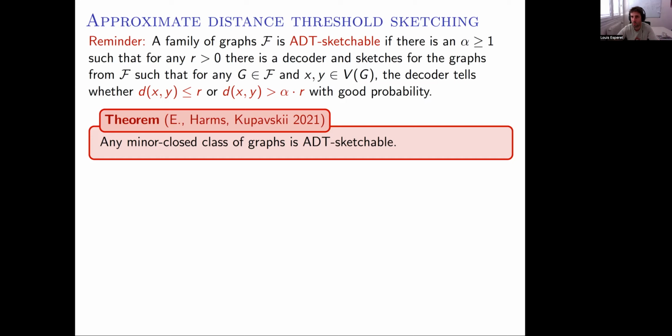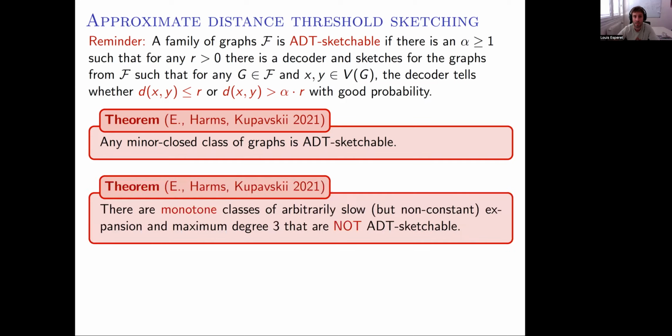But we prove negative results. We prove that there are classes of arbitrary slowly growing expansion that are not ADT sketchable. They even have maximum degree 3. So constant expansion classes are ADT sketchable, and if you take just a slowly growing expansion, then it doesn't need to be ADT sketchable anymore.